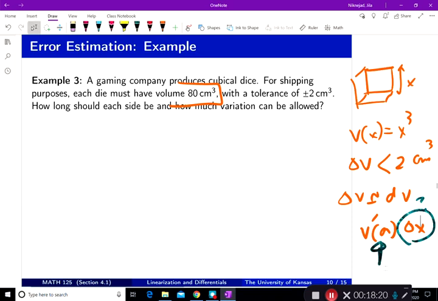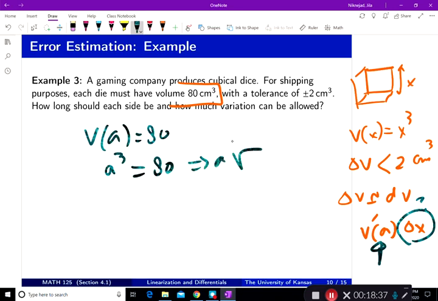Finding A is not too bad because I know that the output V at A is going to be 80. So I plug in A to power 3 and I get 80. So A has to be the third root of 80. That was not too bad, and I know dV is V prime at A times delta X. Now, I have to figure out V prime.